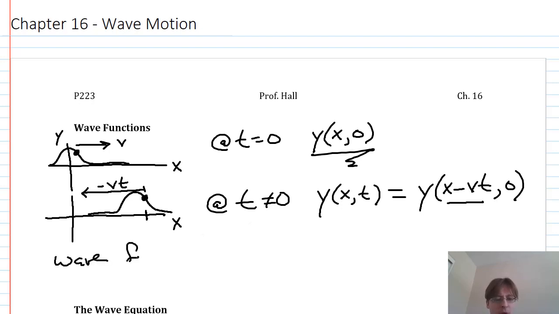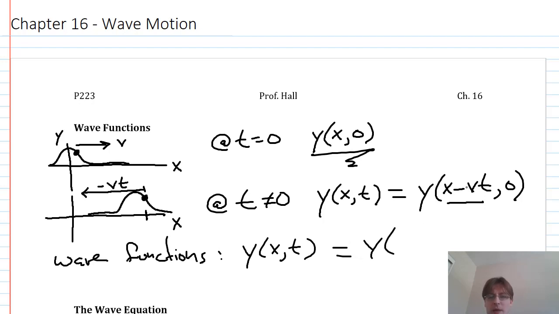So let's summarize it this way. All wave functions are functions of x and t, but they only depend on x and t in a certain combination. In this case, it was x minus vt.